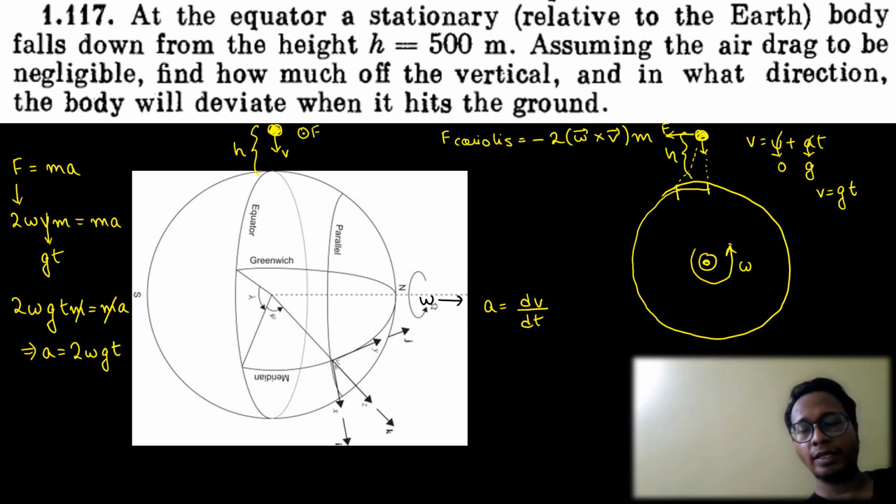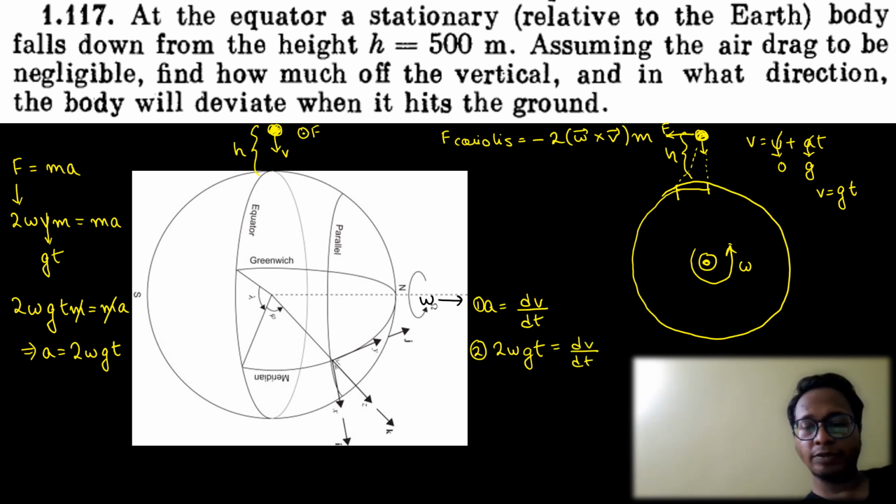That means initial velocity out here to velocity out here. Acceleration is nothing but 2 omega gt, which is the x component of acceleration, is equals to dv by dt.